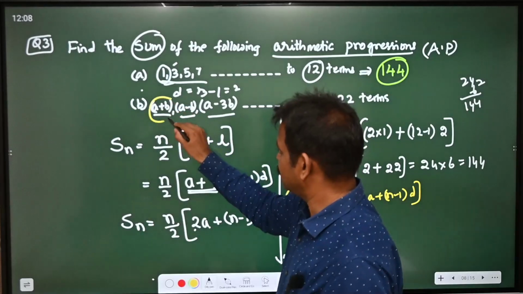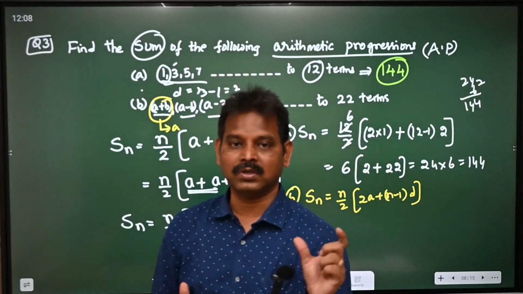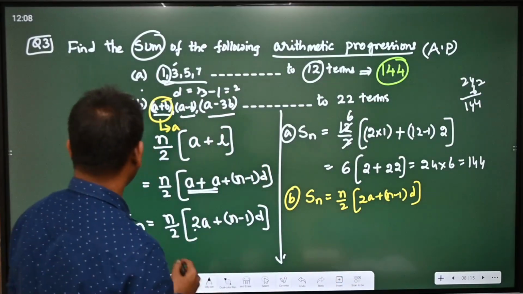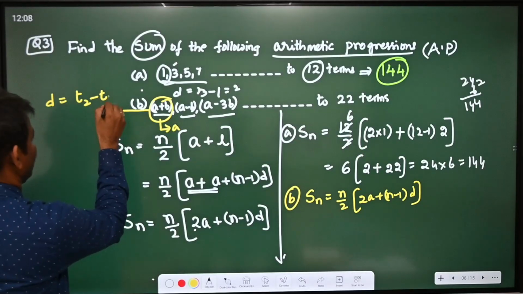Here, this is the first term, I will call this a. But what is the difference between the two terms, the common difference? Second term minus first term. So the common difference is T2 minus T1.